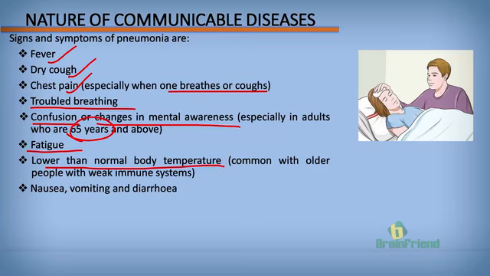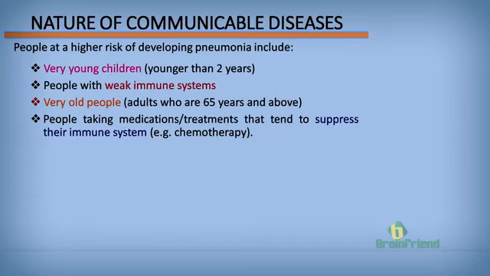This is common with older people with weak immune systems. We have nausea, vomiting, and diarrhea. So these are all signs and symptoms of pneumonia, but when you have these signs and symptoms, you need to go for a proper test to really determine if you have pneumonia.